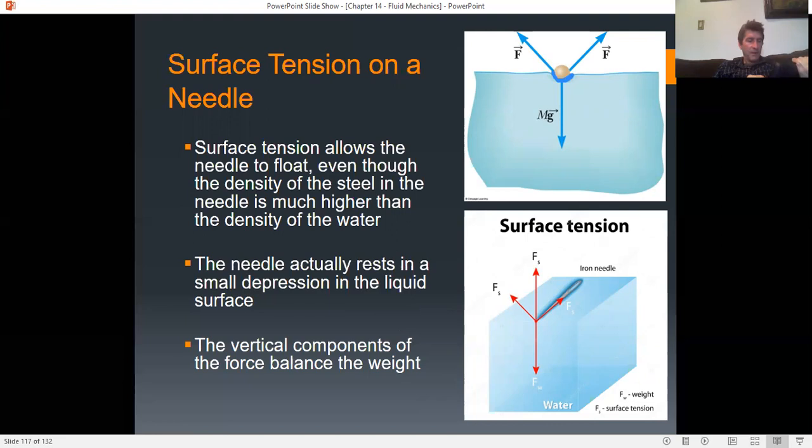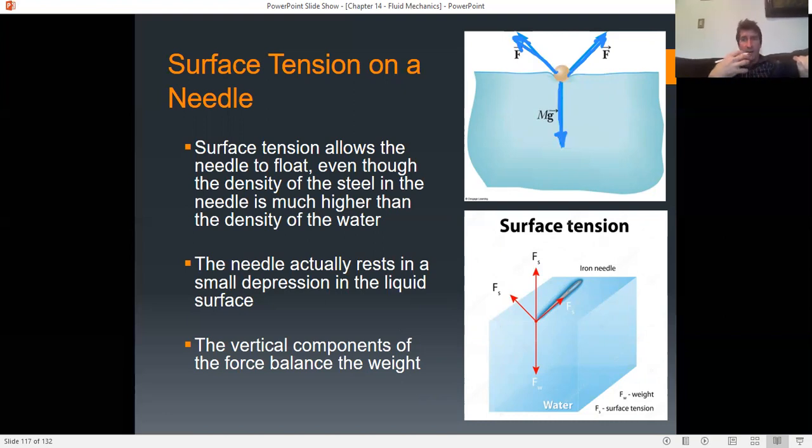And because the needle is very, very long, we can generate a fairly large surface tension and keep it from sinking. Now, the force of surface tension is going to pull in these two directions, and as long as it exceeds the weight of the object, it's not going to sink.